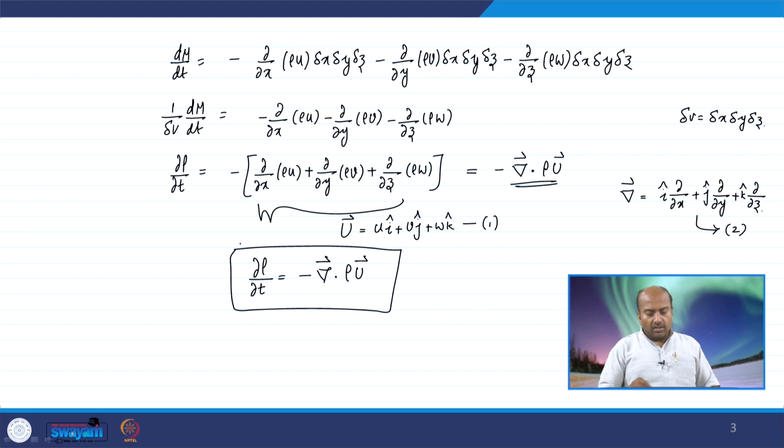Now, we can rewrite these terms in a simple way as del dot rho u is equal to rho times del dot u plus u dot del rho.